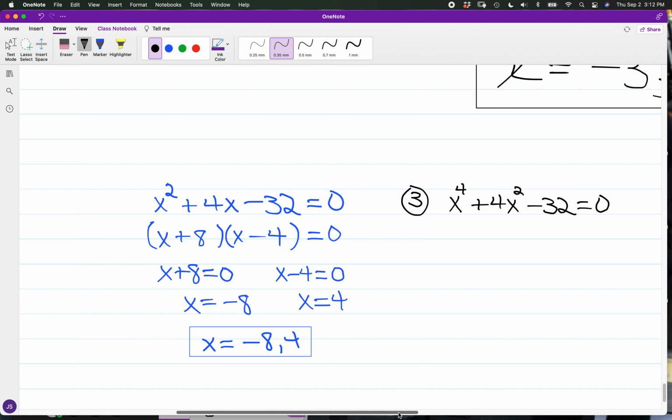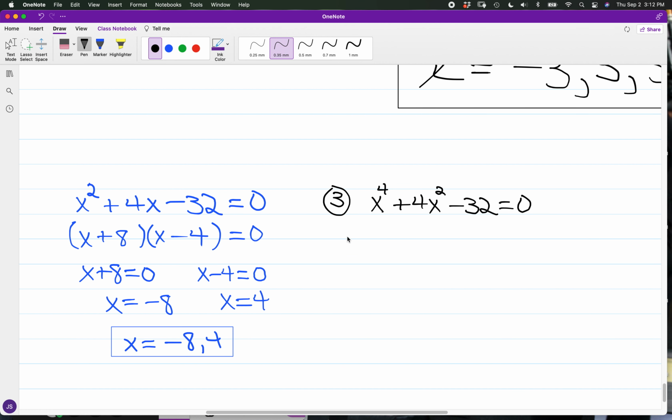And just as x squared factors out to x and x, x to the 4th will factor out to x squared times itself. And again, factors of negative 32 whose sum or difference will be at 4. I can have this bit of history repeat.